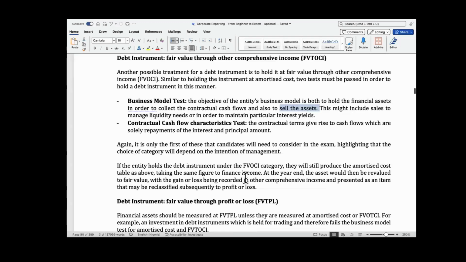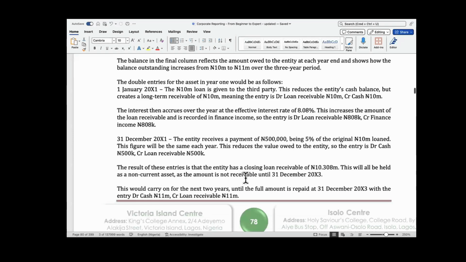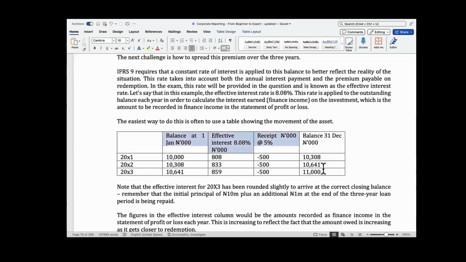So in terms of how you then calculate, this table I've done for you is a constant thing when it comes to debt investments because you always get interest. If the interest includes premium, you have to do this. So when it comes to fair value, it means that this amortized cost we will fair value it.